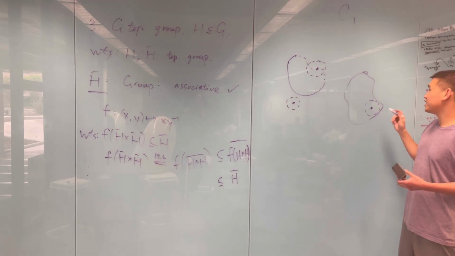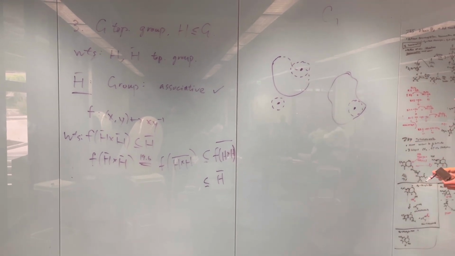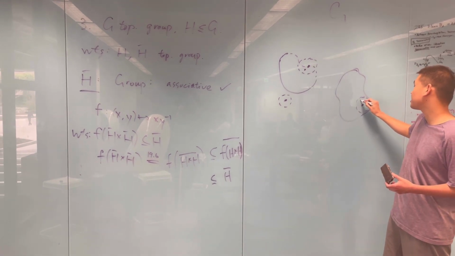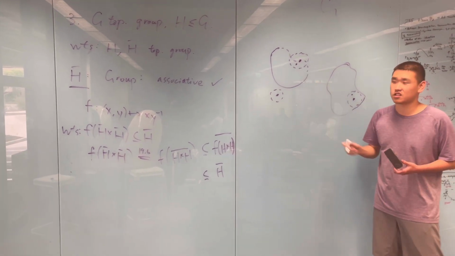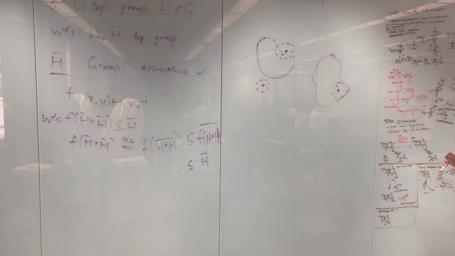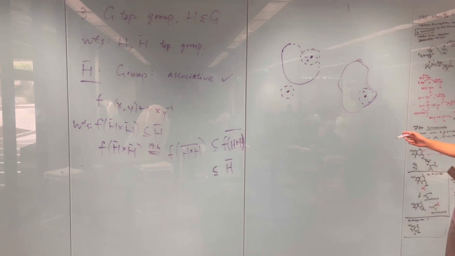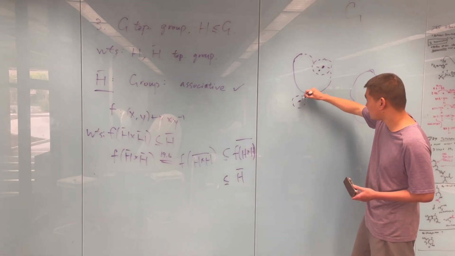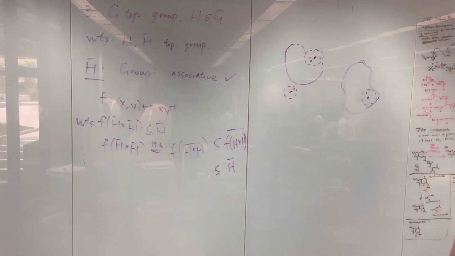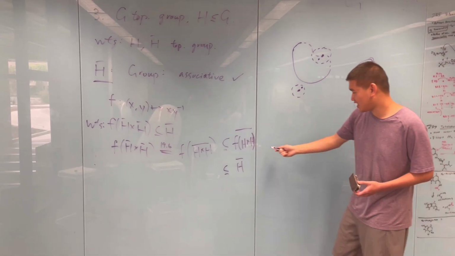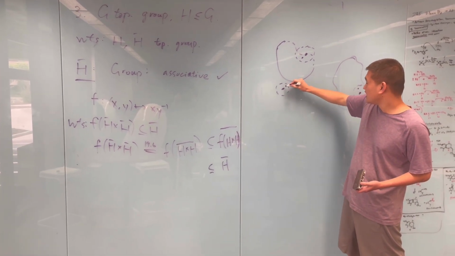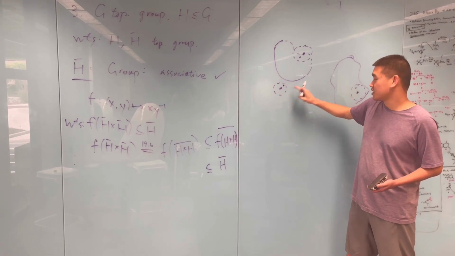Now, since these two points are in the closure of H, we can always find points of H inside these open sets. We can always find the intersection of the open neighborhood with the set itself. And if we just apply the group multiplication here, we'll get something inside here. Because of the continuity of f, as shown here, we must have a point inside the set for this neighborhood.